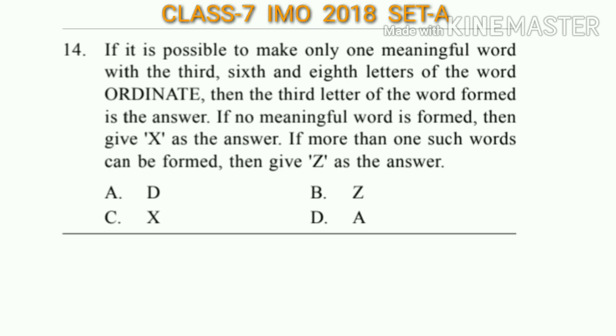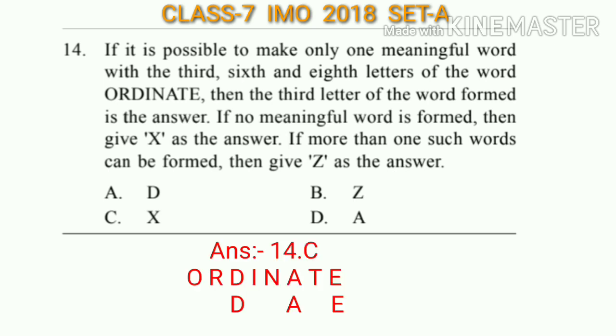If more than one such word can be formed, then give Z as the answer. The 3rd, 6th and 8th letters of the word are D, A and E. We cannot find any meaningful word from the letters D, A, E. So the answer will be option C, that is X.